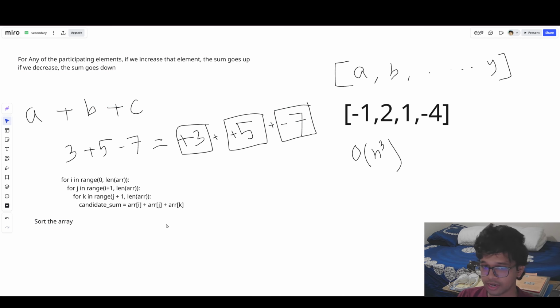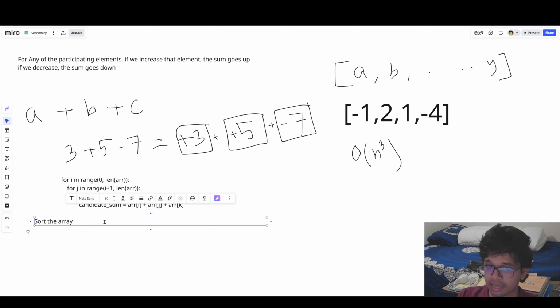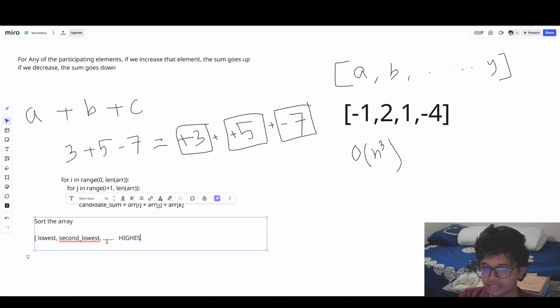In ascending order, the lowest element is at the 0th index, then the second lowest element at the next index, and so on, and the highest element is at the last index of the array. So sorting works like this.